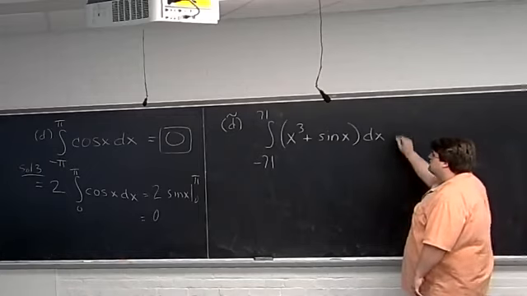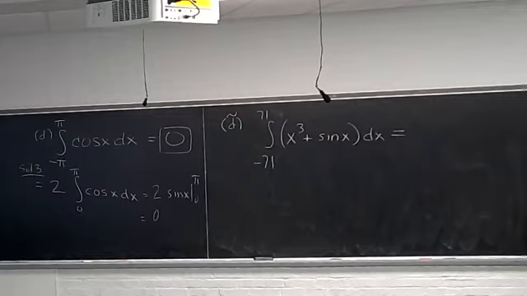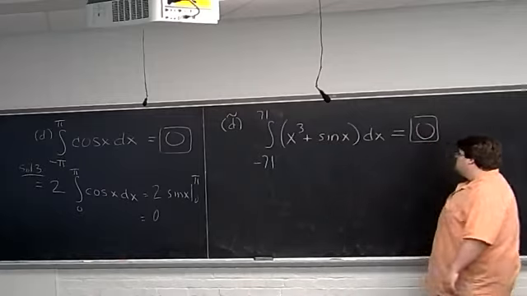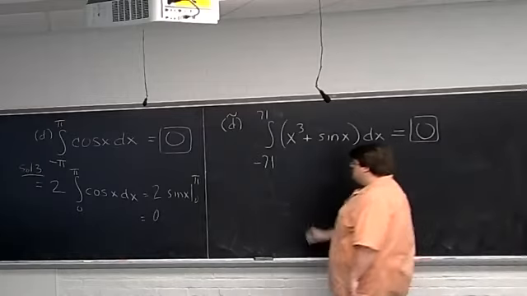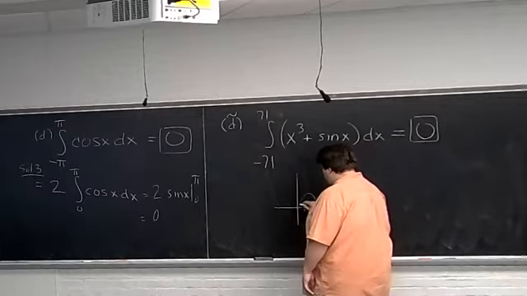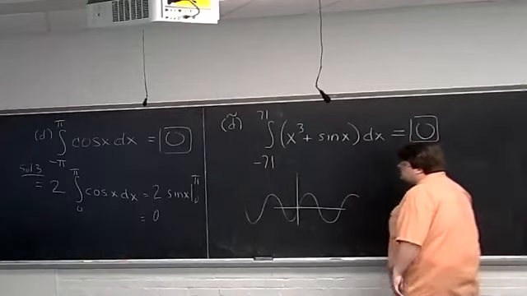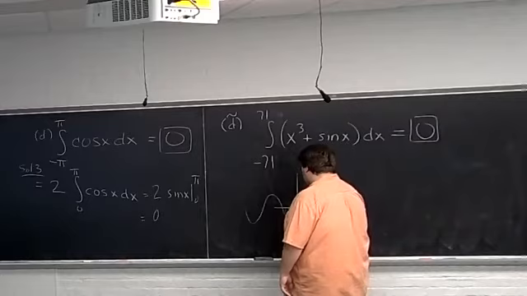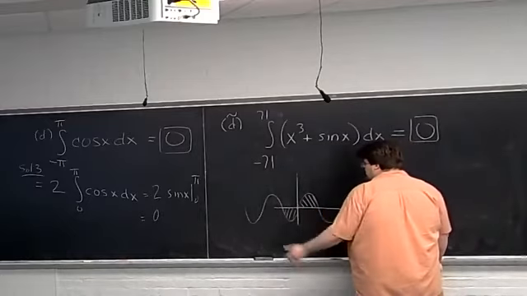What do we get? 71 to the 4th. That's mean. You get 0. Why? Let's take sine of x. Sine of x is an odd function, meaning symmetric about the origin. In particular, the area over here is the same as the area over here.